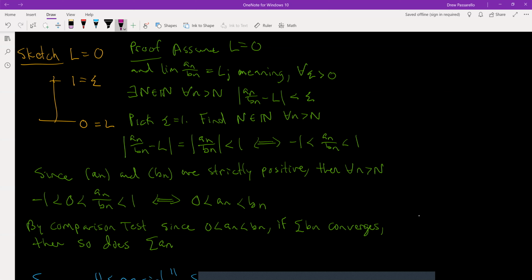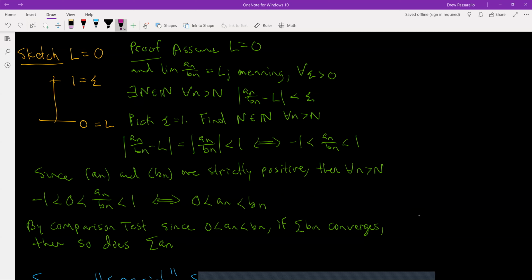We know An and Bn are strictly positive. So for all little n bigger than capital N, we have -1 less than 0 less than An over Bn less than 1, right? Because a positive divided by a positive can't be negative, so we only consider when it's in between 0 and 1.